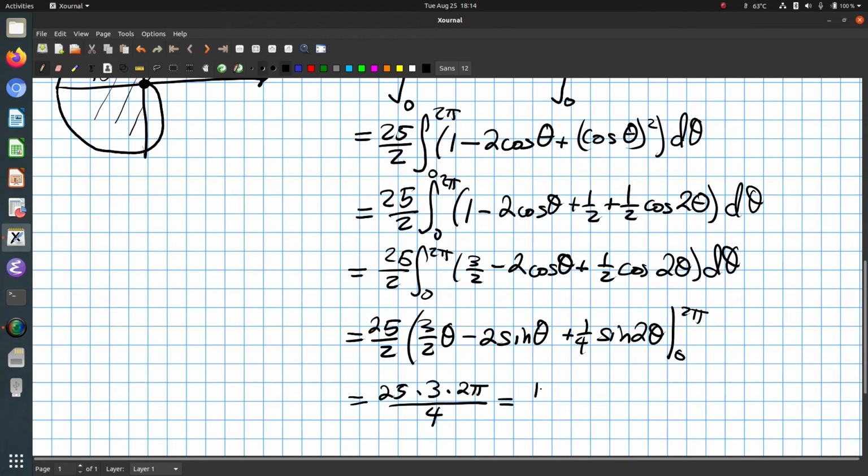I've got 1 factor of 2 there, so this is 125 pi over 2. If you want to know what that is numerically, that's about 117.8 units.